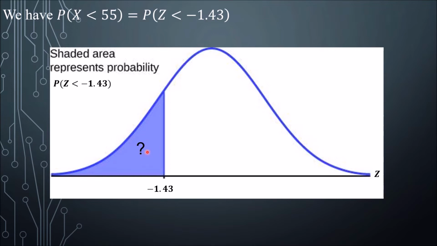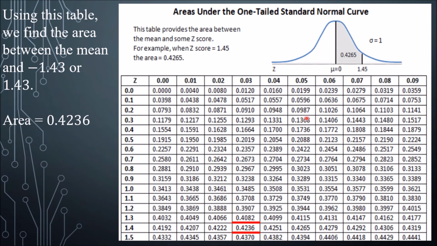How are we going to do that? We have this table of the one-tailed standard normal curve. Using this table, the area between the mean and negative 1.43 is the same as for 1.43 because the normal curve is symmetric. The left side is the same as the right side.